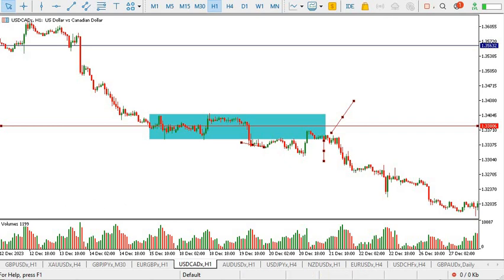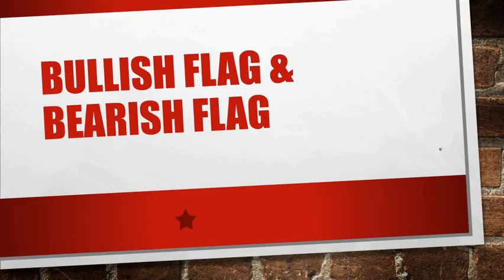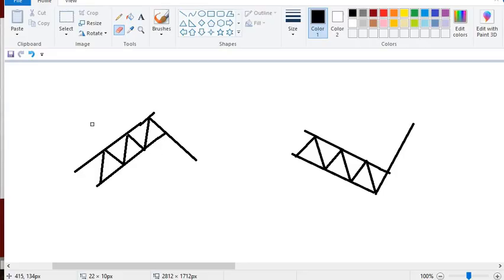And lastly we will move towards the bullish flag and bearish flag. So let me show you the illustration of bearish flag and bullish flag. At the left we have the illustration of a bearish flag, and at the right we have the illustration of a bullish flag.